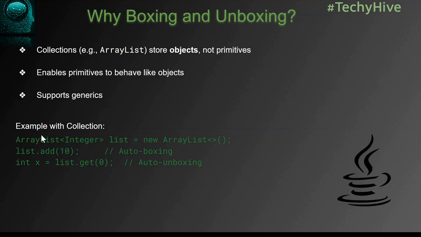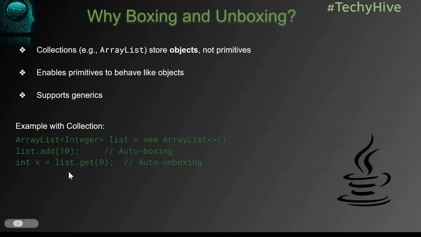And here is an example of a simple collection. You can see here we are creating an ArrayList of integers, and then we are adding an integer to the list. This is an integer literal, and it is added to the list. So the list will auto box the integer primitive type to an Integer wrapper class object, and will store it.